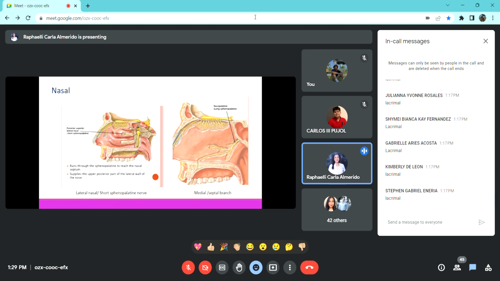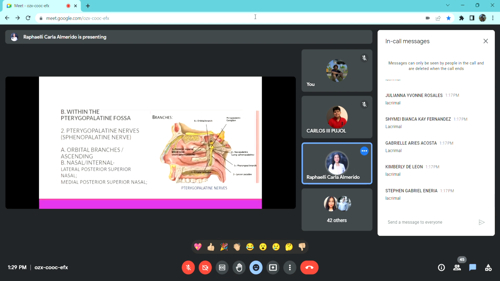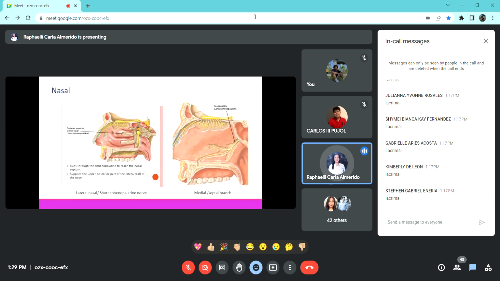It supplies the upper posterior part of the lateral wall of the nose. Whereas the medial septal branch is the start of your nasopalatine or your long sphenopalatine nerve.